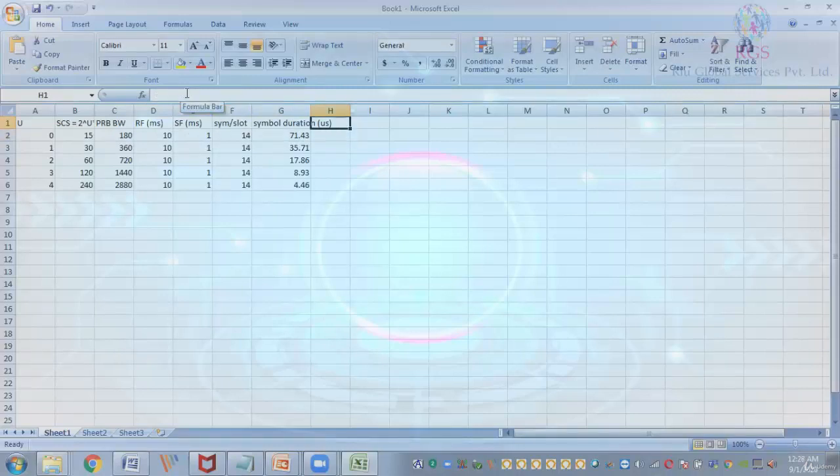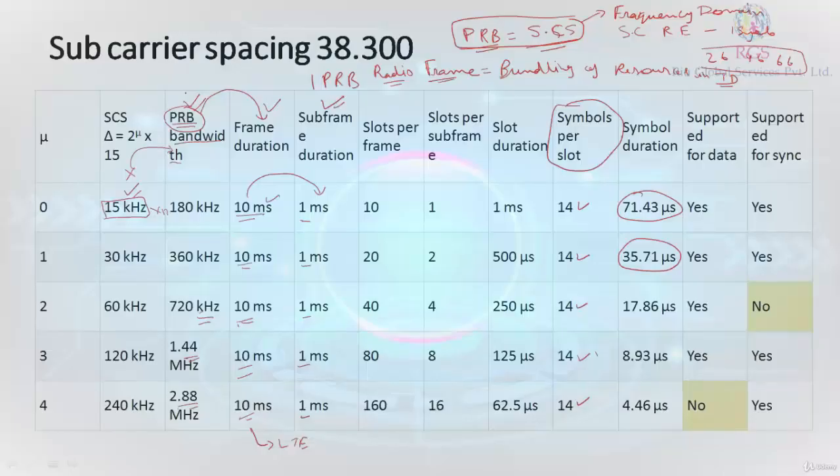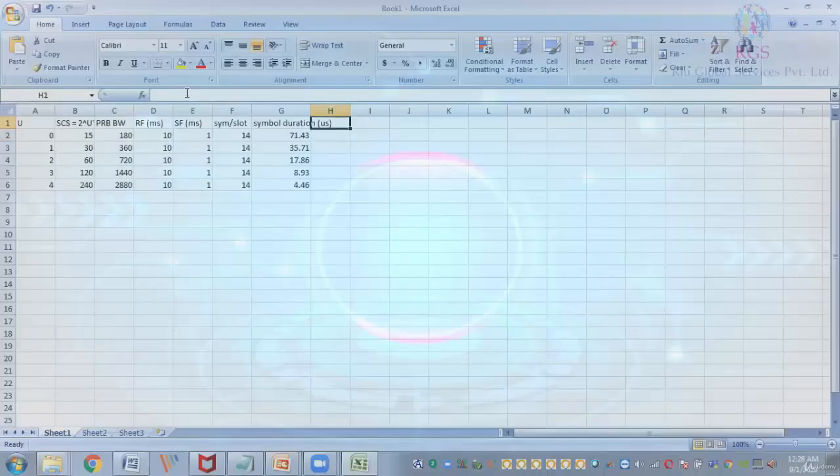Now, let us see in one slot. So what will become our slot duration? Yes. Next is to identify the slot duration. Look at this. So in one slot, how many symbols are there? 14.